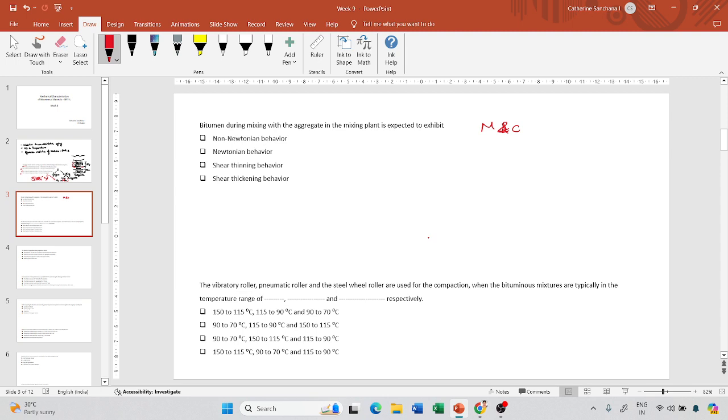Once it has coated the aggregates, its temperature will decrease and its viscosity will increase, and it should act as a glue. So it has to serve two purposes. First, it has to provide workability, and then it has to provide strength by acting as a glue.